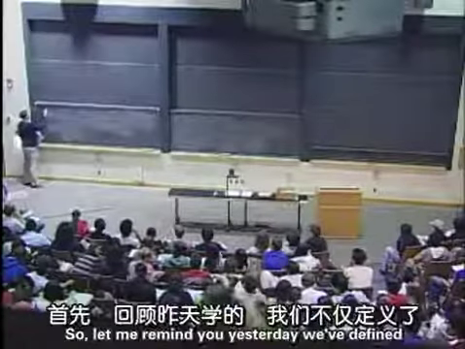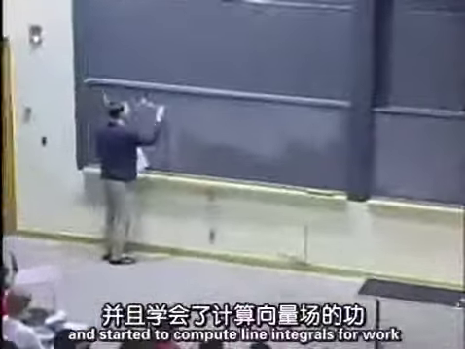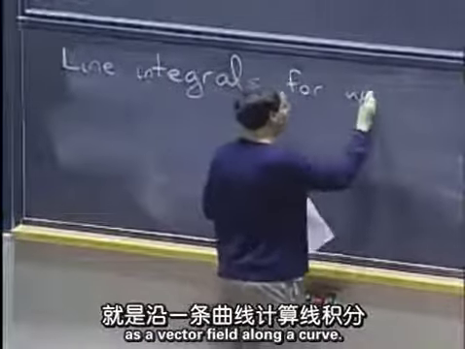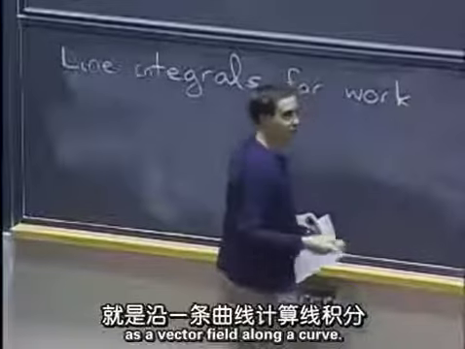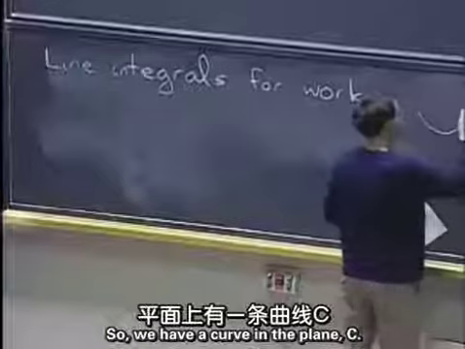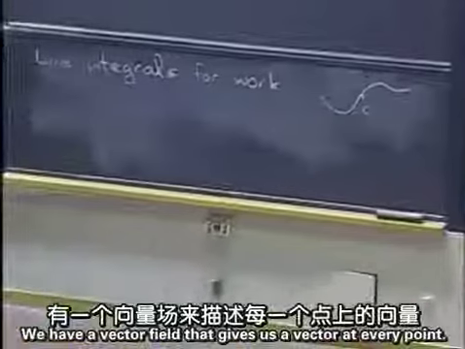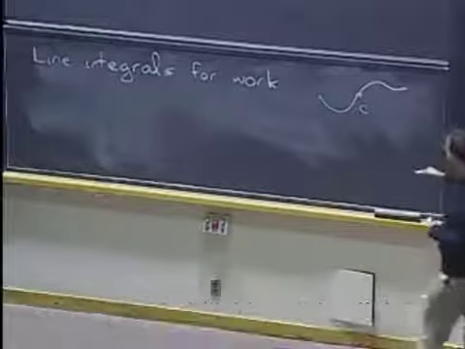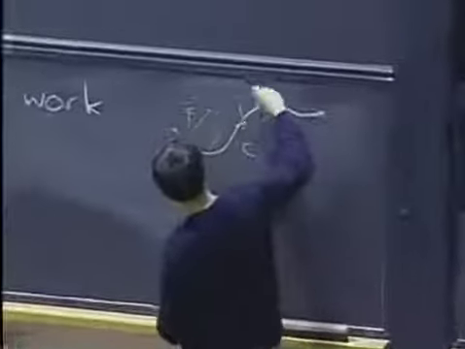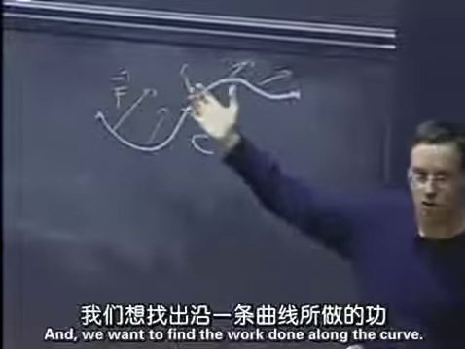So let me remind you, yesterday we defined and started to compute line integrals for work of a vector field along a curve. So we have a curve in the plane, C. We have a vector field, F, that gives us a vector at every point. And we want to find the work done along the curve.